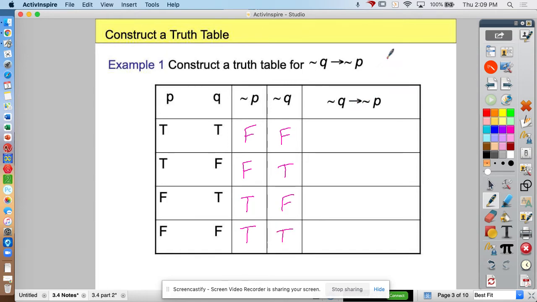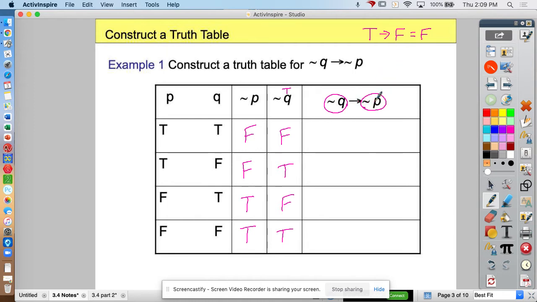Now I'm looking for my rule. So I'm going to run back through my shortcut. It says true, arrow, false equals a false answer. So before the arrow is the negation of Q. So I'm going to go over here and make a cheat note. This one has to be true. Negation of P is after the arrow.